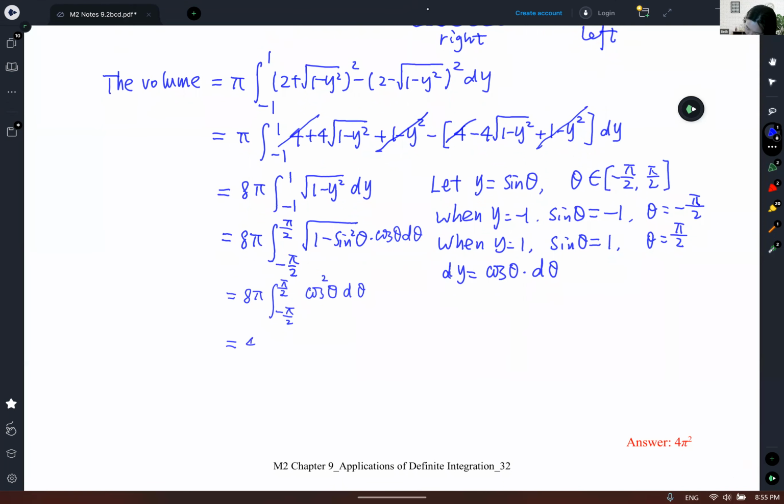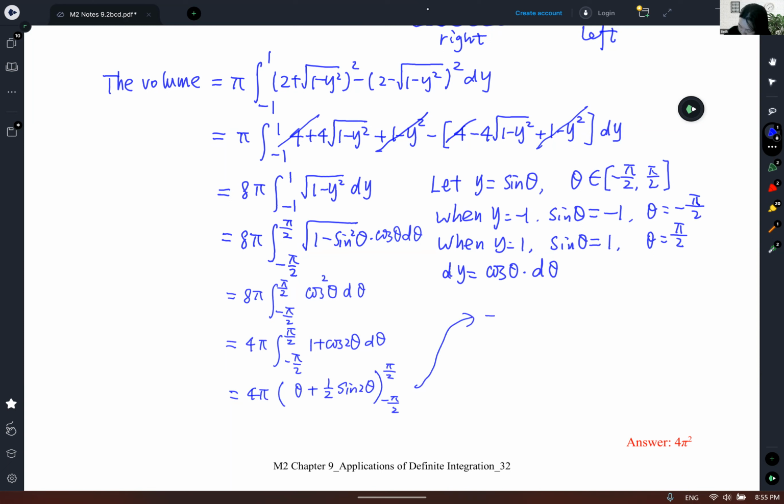That means 4 pi from negative pi over 2 to pi over 2, this one is 1 plus cosine 2 theta d theta. Okay. And then 4 pi, that's theta plus 1 over 2 sine 2 theta, close bracket, from negative pi over 2 to pi over 2.